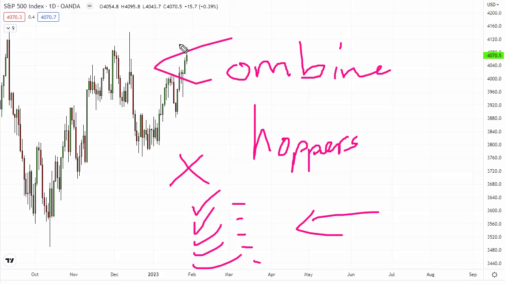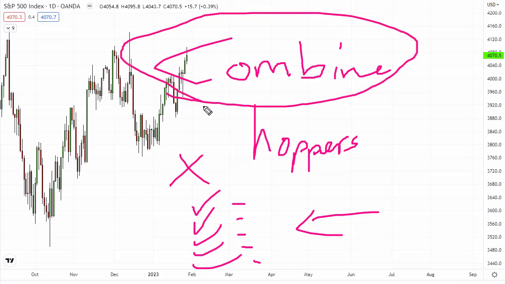Even if they've got something that works, it's very difficult to stay with it. So why not have something that works, but in a more basic sense, and combine it with overall market conditions and do some actual analysis of the market? That way you're getting the best of both worlds.